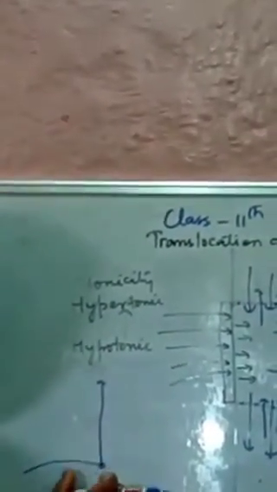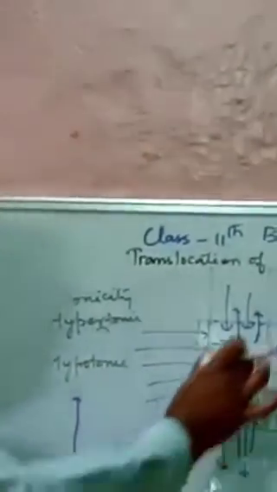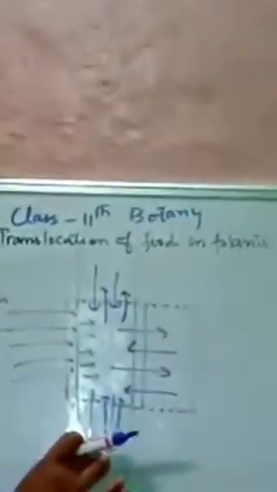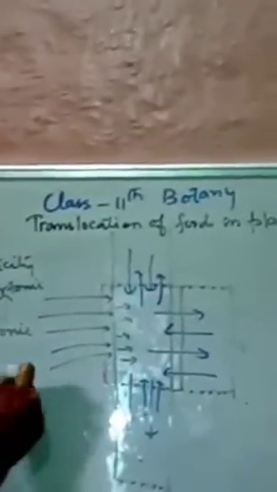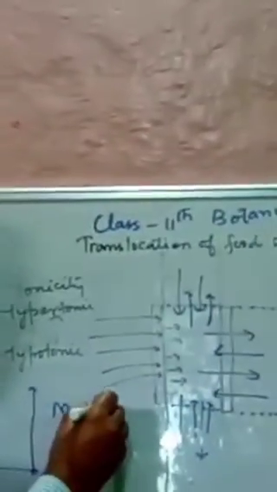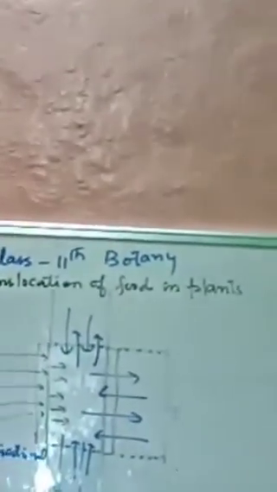That means the movement of water is unidirectional. But here we see that food moves upward, downward, and sideward. So we can say that the movement of food is multi-directional.